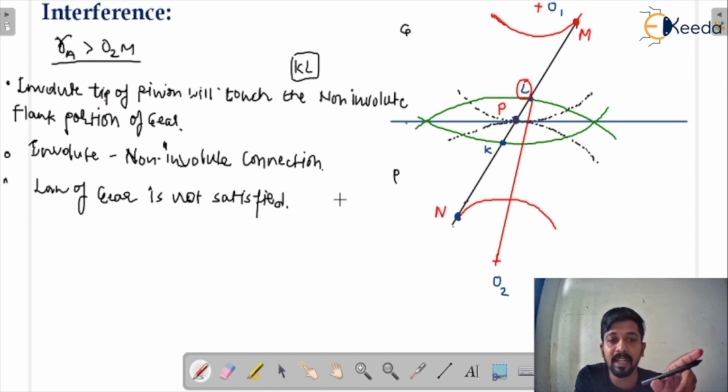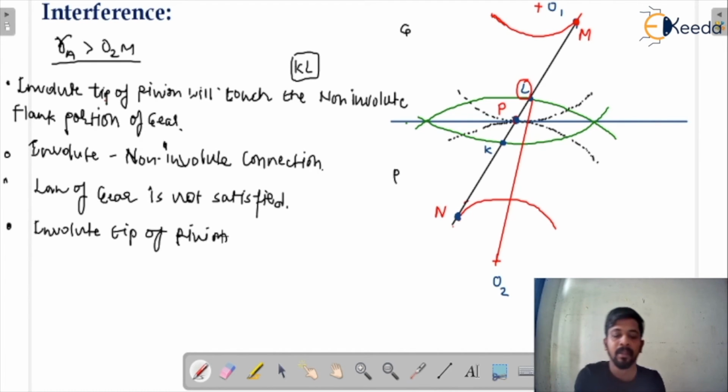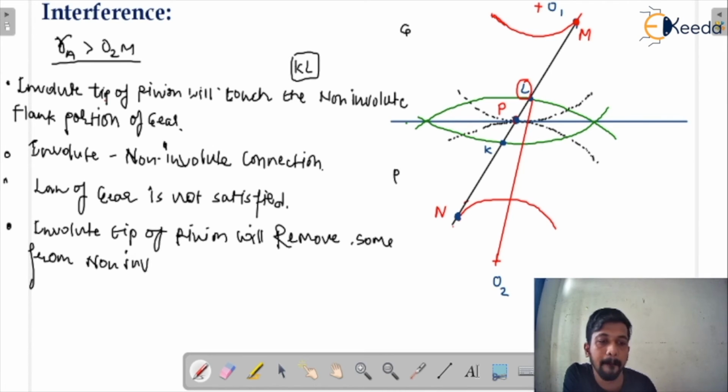So here I am going to write that the involute tip of the pinion will remove some material from the non-involute portion of the gear.